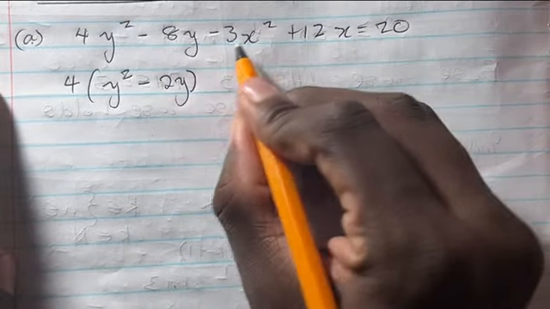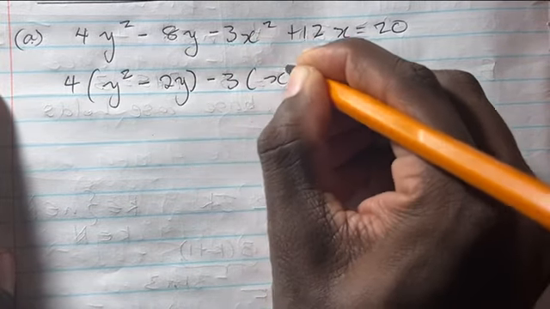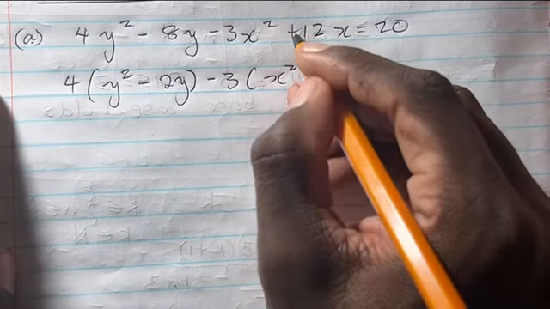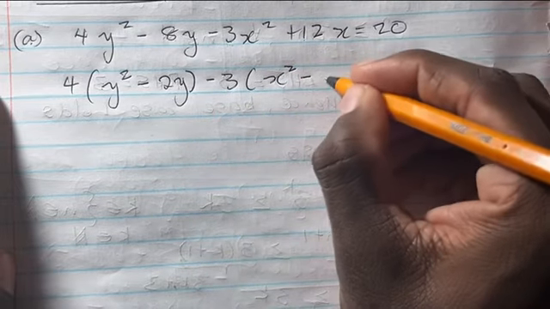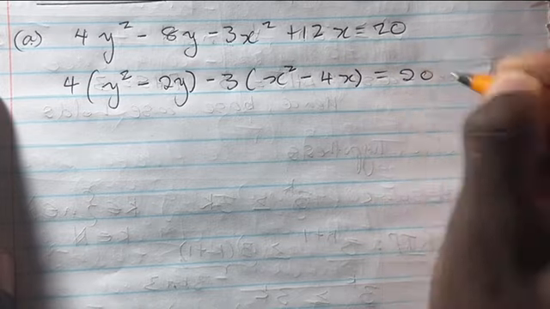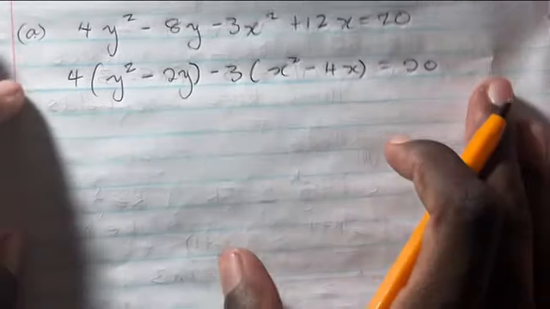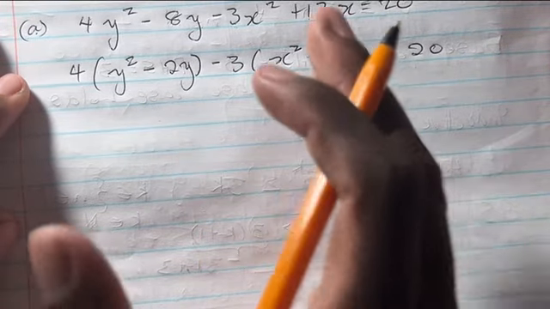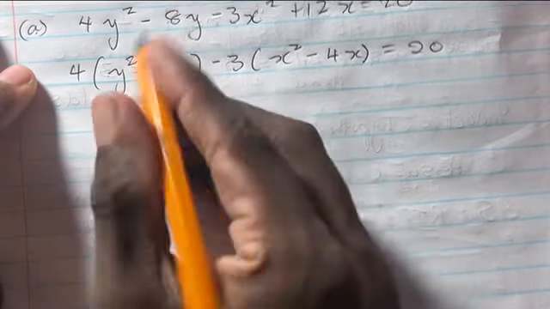Here, we should not have the negative 3. Let's factor it out. You get x squared. Since I factored a negative sign, this should change in sign. It should be negative 4x equals 20. Now the next step is you're completing the square. You should add half the coefficient of the middle term squared.